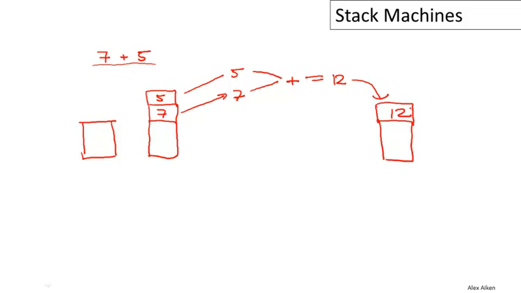Now notice that I did indicate that there might be some other stuff on the stack already. Let me just give that stuff a name, and let me talk about one very important property of the stack machine. When we evaluated 7 plus 5, we wound up in a situation where the result of that operation was on top of the stack, and the initial stack contents was unchanged. The stuff that was below the arguments that we were interested in didn't get modified.